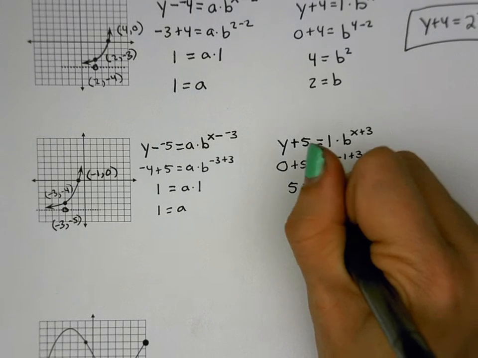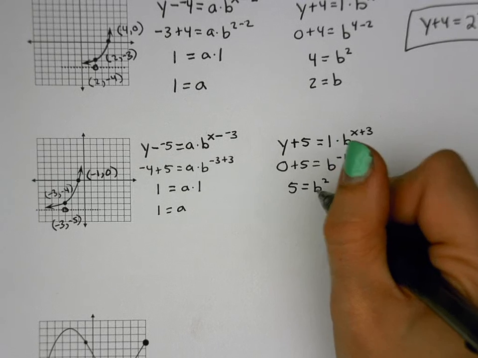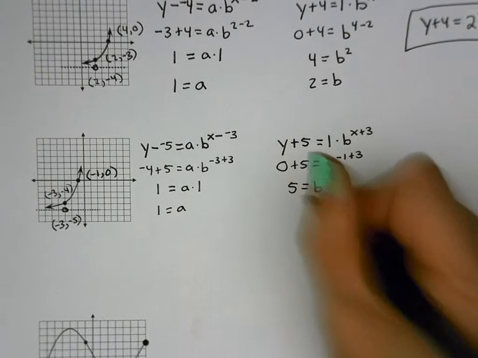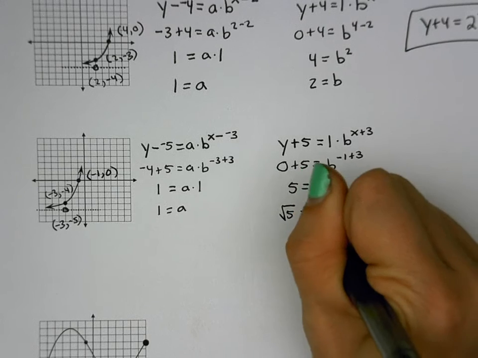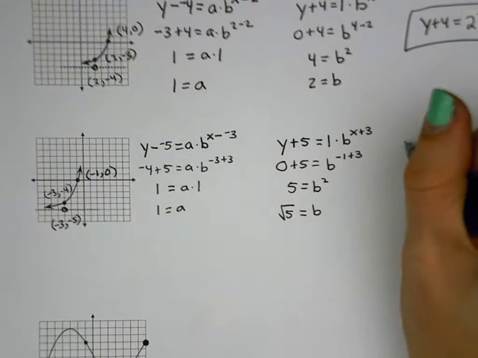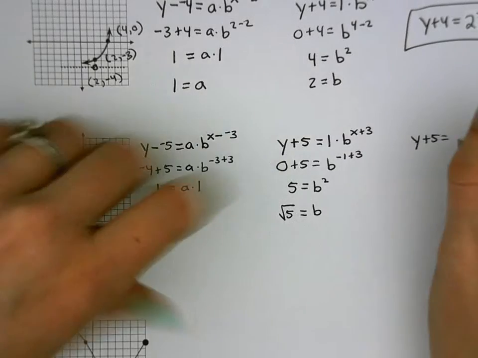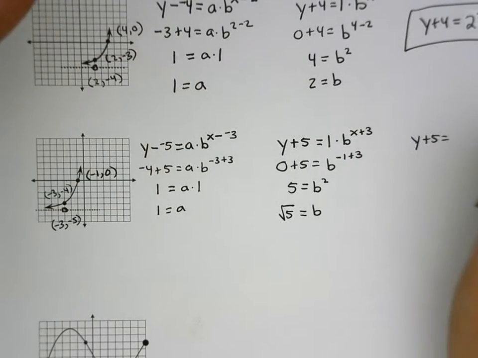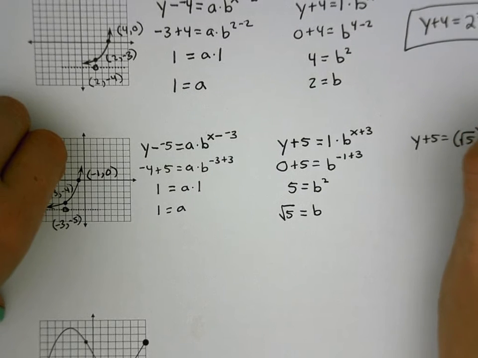We have b squared, and so we have to ask ourselves, well, what squared gives me 5? That would be √5. And so we have our equation. Y plus 5 equals either 1 times or just no 1, because again, what 1 times is. And we have √5 to the x plus 3.